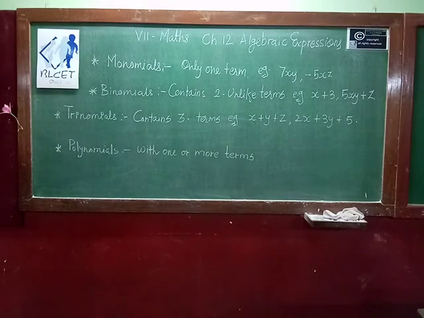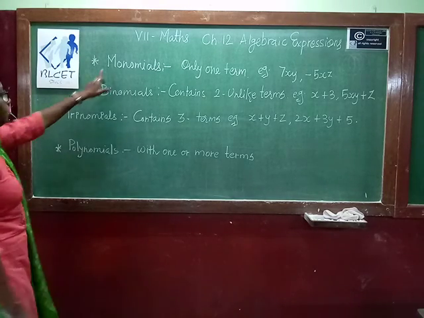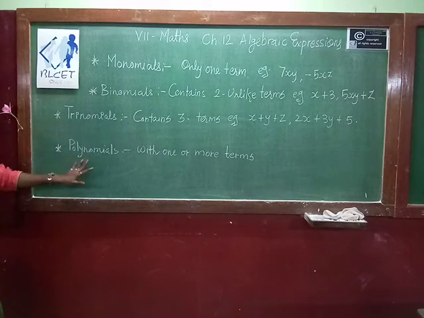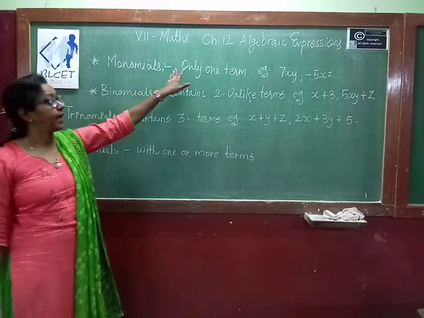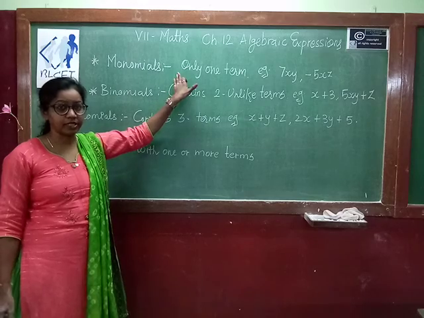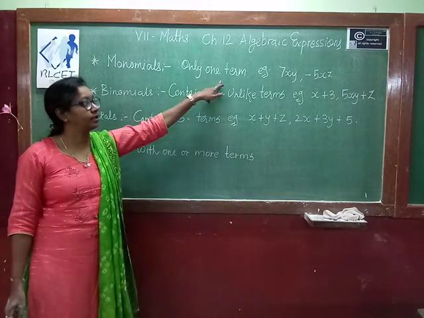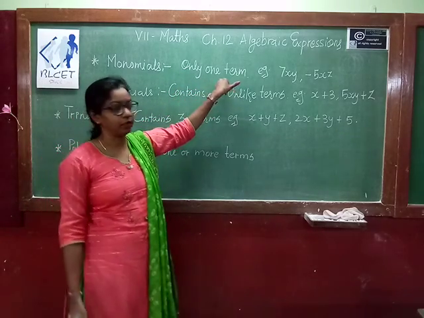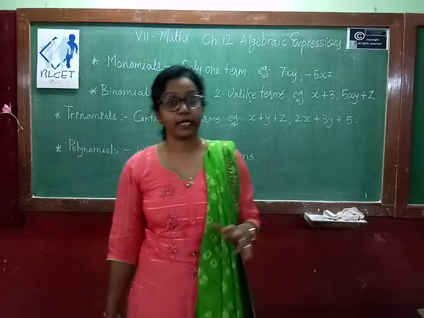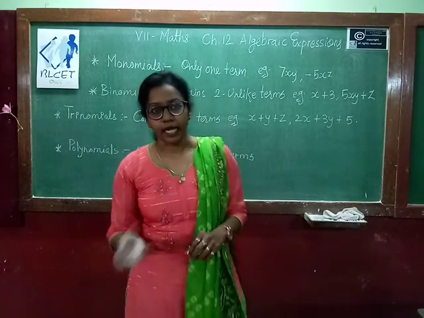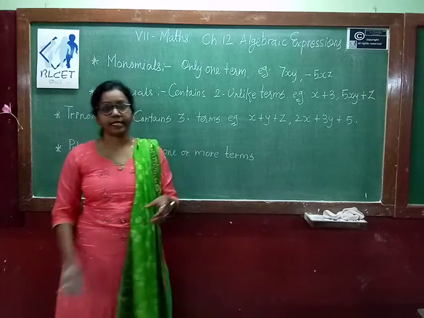So now let's understand the concept of monomials, binomials, trinomials and polynomials. Monomial means what? Any algebraic expression which contains only one term is known as a monomial. For example, 7xy, minus 5x square, 10xy, 10p cube, such kind of expressions are monomials.